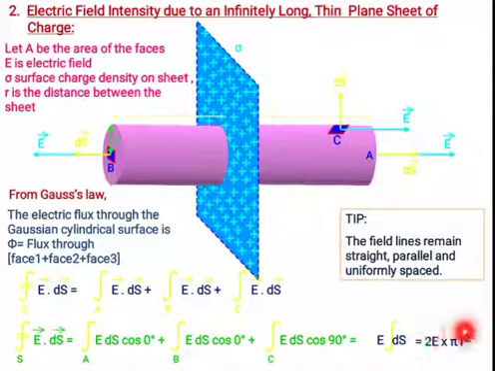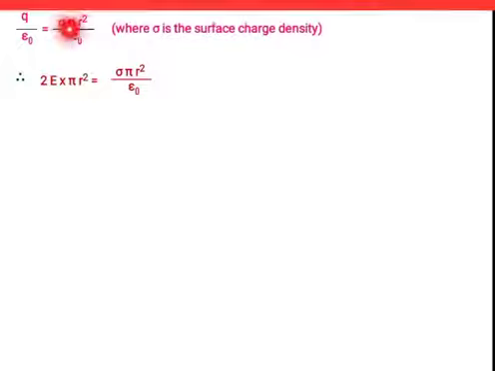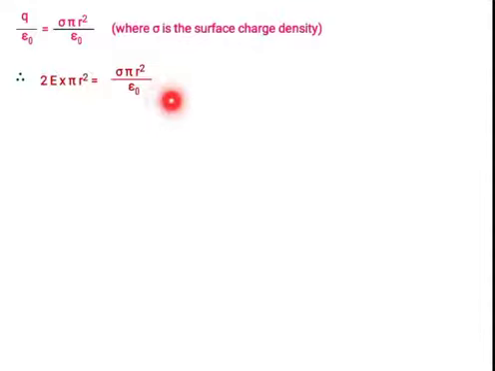If we compare this with the next step, that is this one, then sigma pi r square divided by epsilon naught. So pi r square gets cancelled.